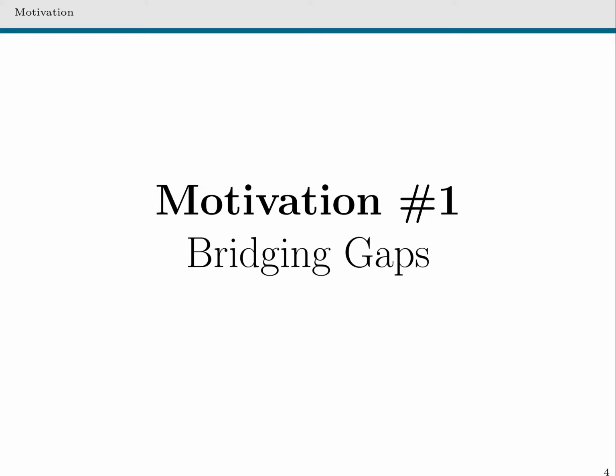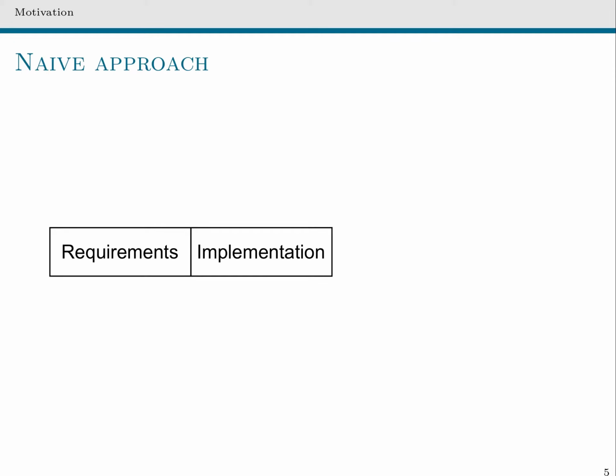So what's the first motivation? The first motivation is that I want to bridge the gaps between the requirements and implementation. Let's imagine we have a young robotic system developer who starts his journey with the definition of the requirements, and then he thinks that when he reaches the requirements phase, he will switch directly to the implementation phase.